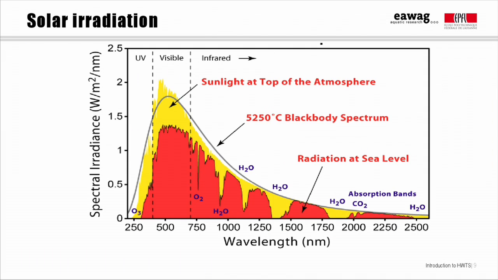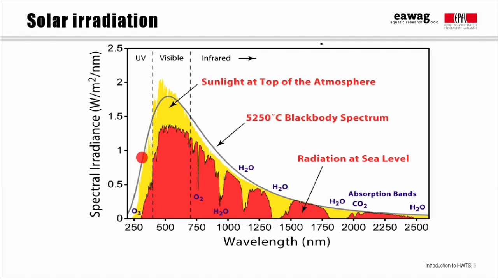Now, solar disinfection doesn't make use of UVC radiation, and that's because as sunlight passes through the atmosphere, all of the UVC, and even about 90% of the UVB, is absorbed by ozone, water vapor, oxygen, and carbon dioxide in the atmosphere.